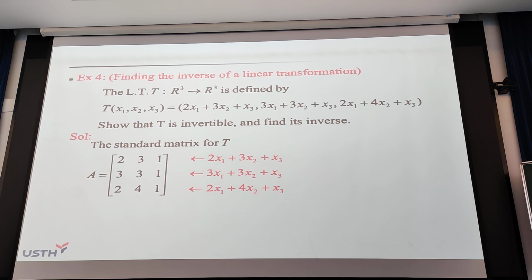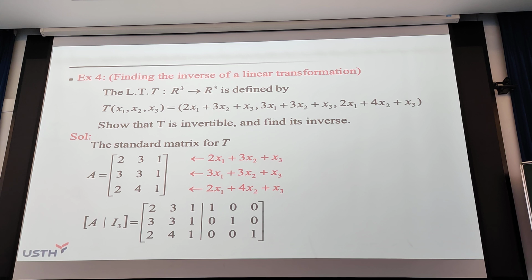Okay. So the standard matrix for T, we know already. If you want to know T is invertible, you need only to show that the matrix A is invertible. A is invertible if and only if it has non-zero determinant. So it's very easy for you to know now. But more than that, because we are required to find the inverse, we need to find the inverse of A. To find the inverse of A, we write A, and on the right side of A, we write the identity matrix.